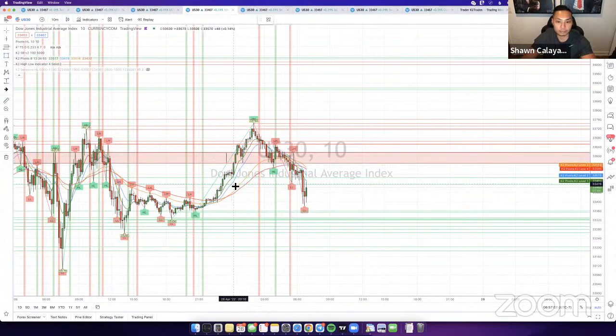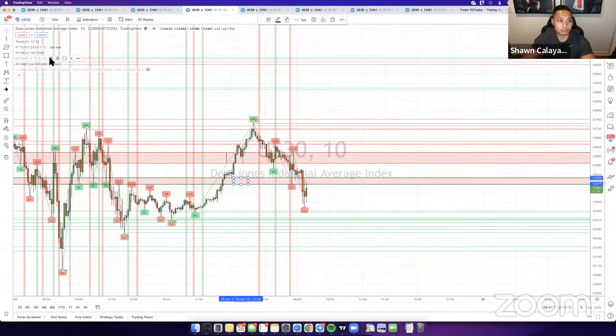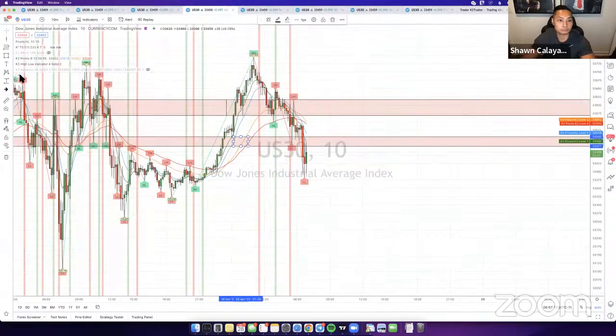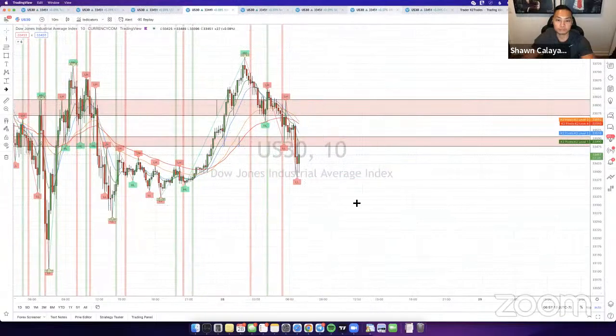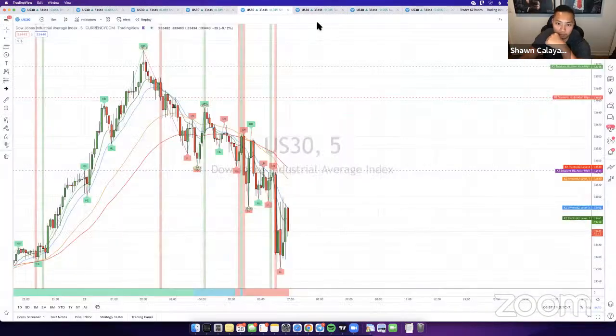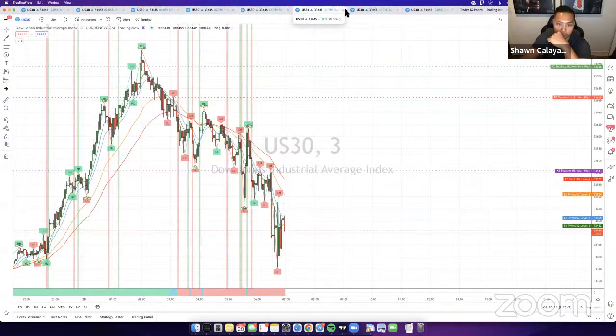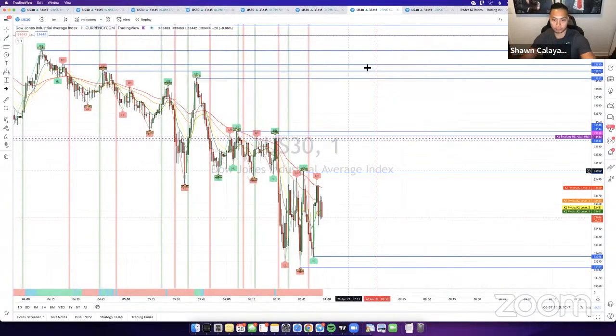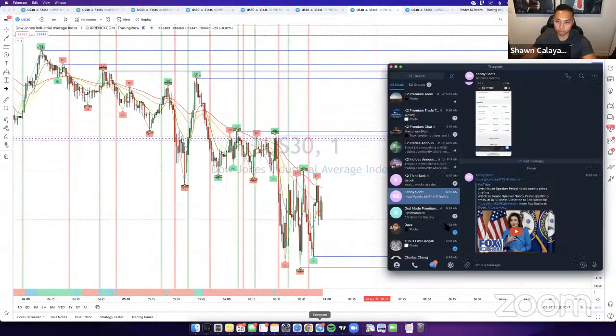I don't see any other ones right here because it's not rejecting off the pivot. It's rejecting off the structure, but not the pivot specifically. All right, so there's no other entries. Nothing for the 10, nothing for the 5, nothing for the 3, and nothing for the 1 minute.